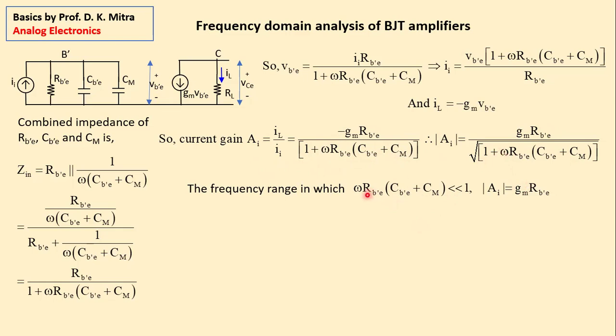When this factor omega R_B'E (C_B'E plus C_M) is much less than 1, the gain becomes only g_m R_B'E in magnitude. Don't ignore the negative sign.